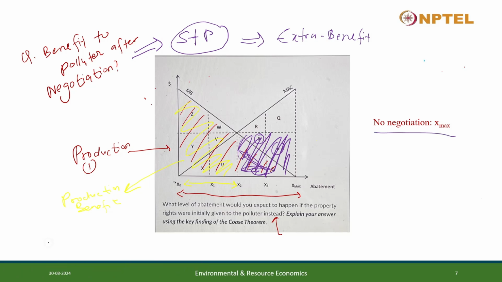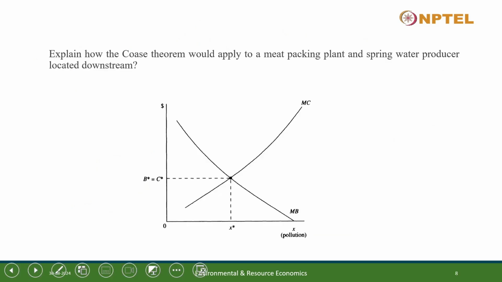Okay, now we will move towards the, so no negotiation, X max will be the level. So we are answering the previous question only, and if there is negotiation, X2 will be the optimum level of pollution. Now since you know the Coase theorem, you should know what will be the optimum level of pollution which a meat packing plant will do to the spring water producer.